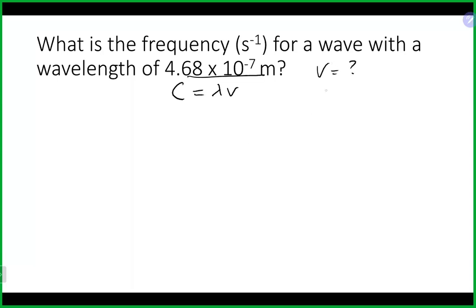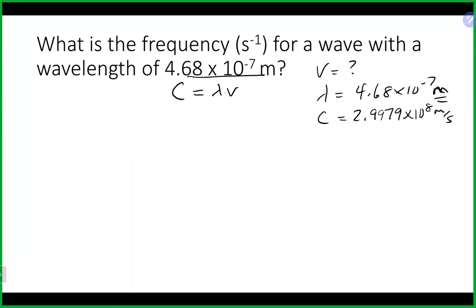We have the wavelength given to us, which is in meters, so 4.68 times 10 to the minus 7 meters. And once again, that is the proper unit that we need. Once again, our speed of light, which again is that constant number that we saw over here, 2.9979 times 10 to the 8 meters per second.